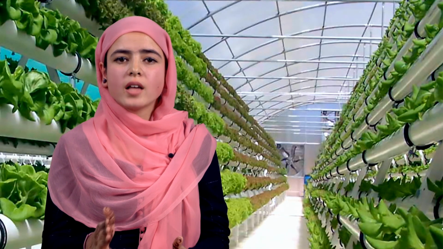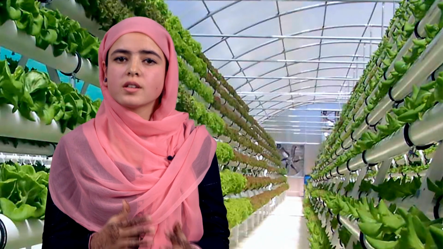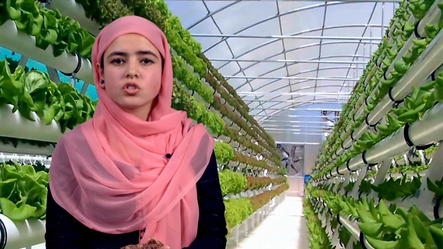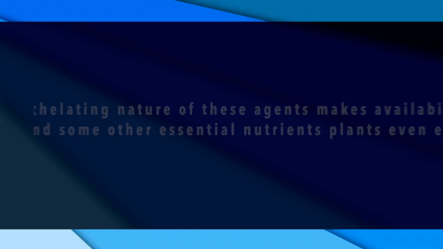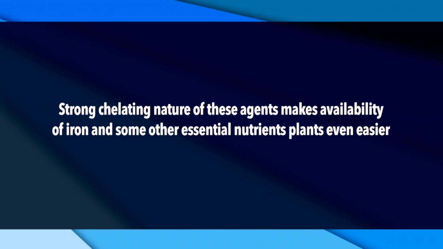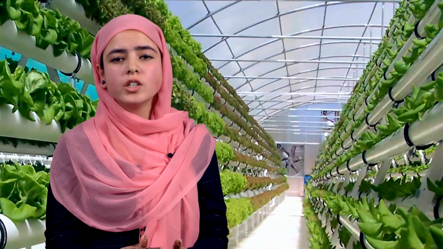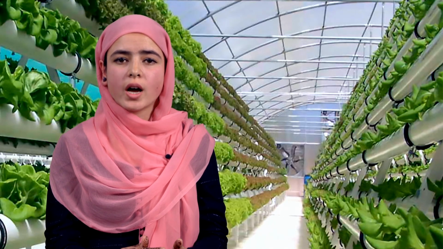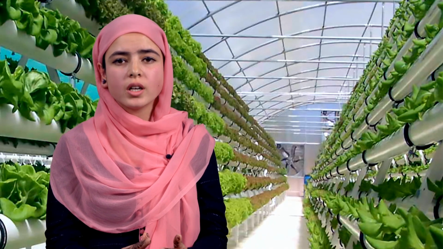These act as strong chelating agents as compared to either tartaric acid or citric acid. The strong chelating nature of these agents makes the availability of iron and some other essential nutrients to plants even easier. However, the fate of the chelation complex during the uptake of iron by plant roots is not clear.